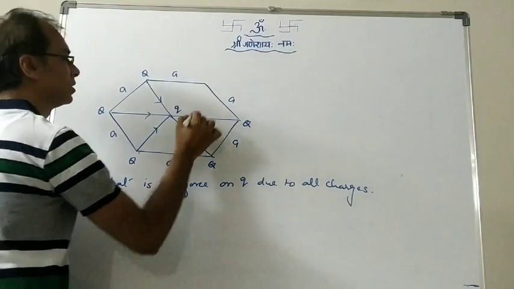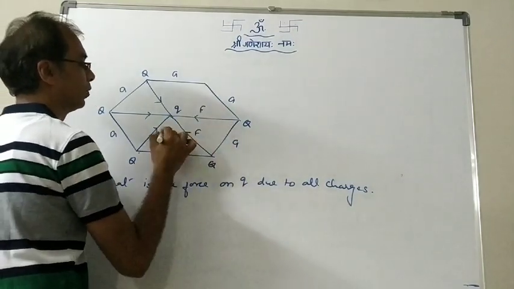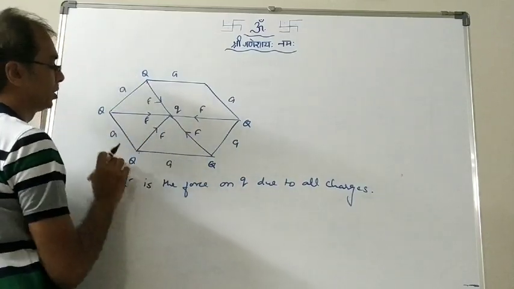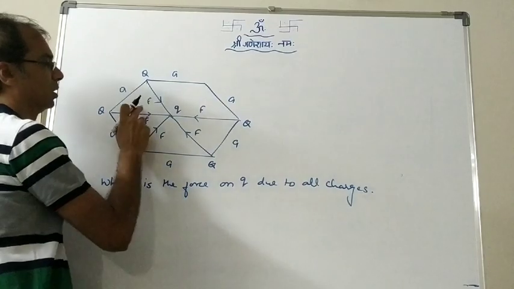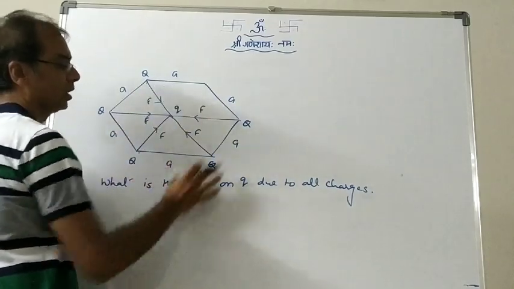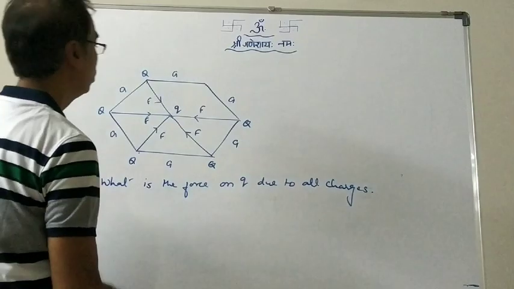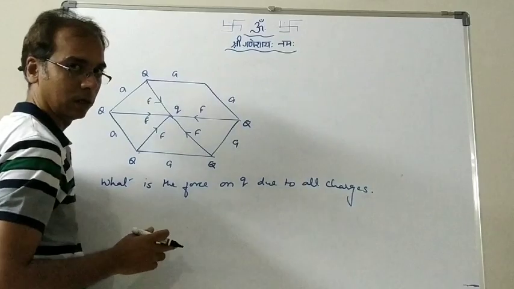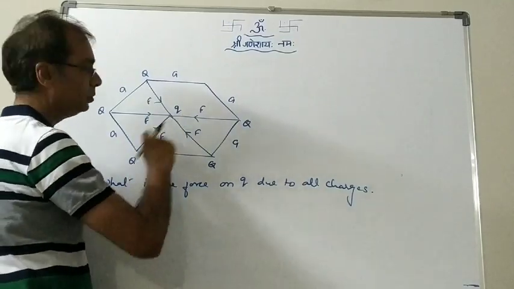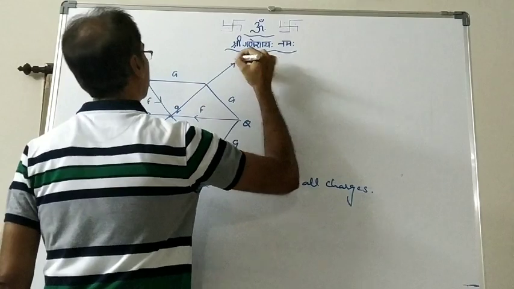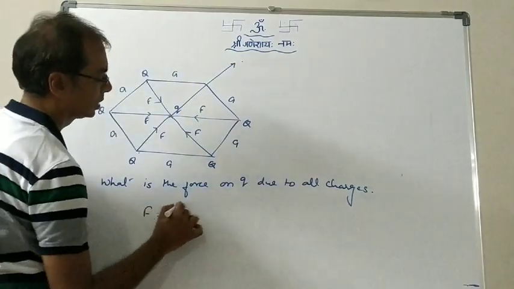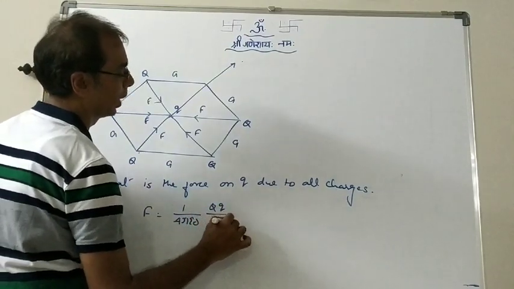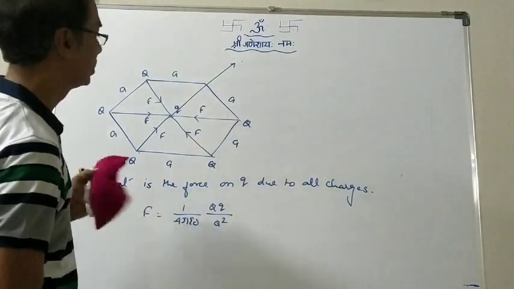If I say this force is F, then all these forces are F only, because the charges are the same and the separation also is A. This also is A, this also is A; everything is A only in a regular hexagon. So this force and this force gone, this force and this force gone. Now what is remaining? This force. So the net force will be in this direction, and its magnitude is 1 by 4 pi epsilon naught Q by A square. That's the answer in this case.